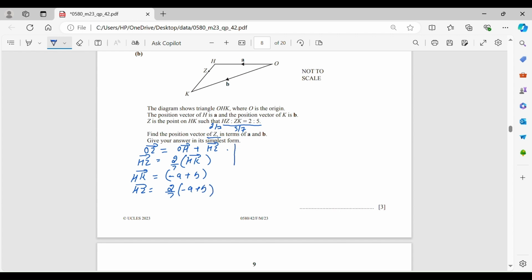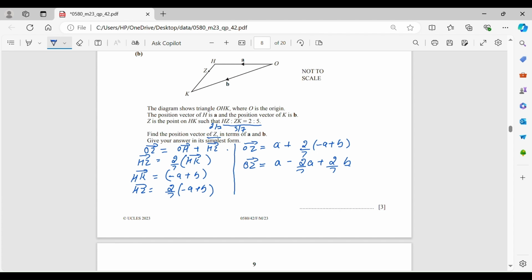We will substitute, so vector OZ will be equal to vector OH, which is a, plus 2/7 of (minus a plus b). So vector OZ will be equal to a minus 2/7 a plus 2/7 b.